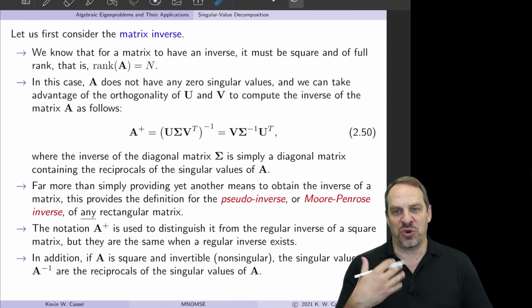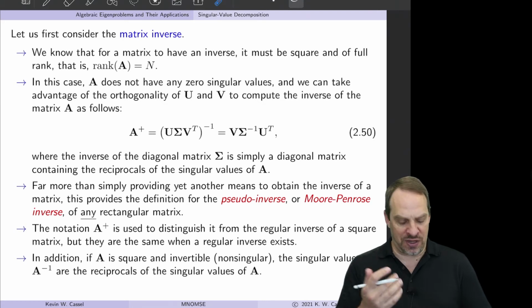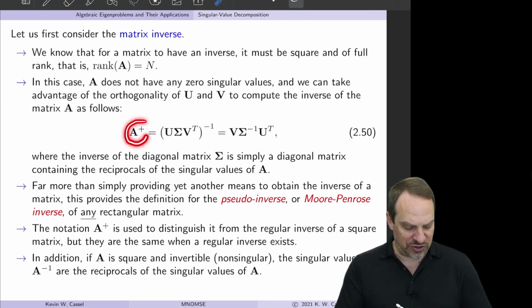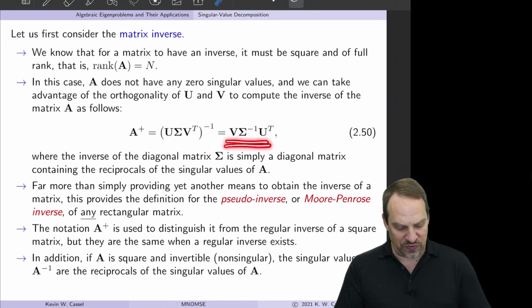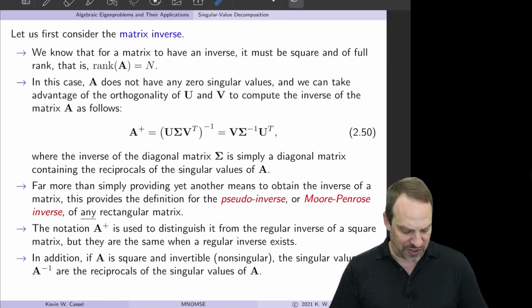Now, what makes this even more powerful is when we generalize this definition to any matrix A. And that's why we use a different notation for it rather than A to the minus 1. So this same definition for any real A could be regarded as an inverse. We actually call it the pseudo-inverse because it's almost an inverse, or people call it the Moore-Penrose inverse to honor those that developed this.